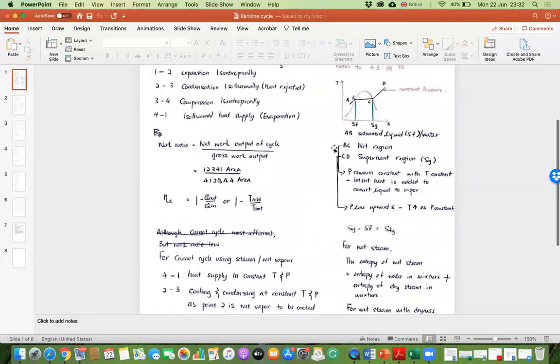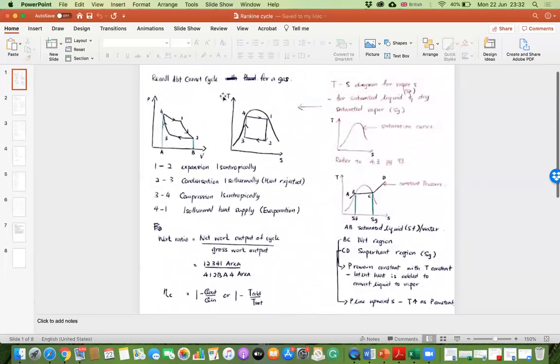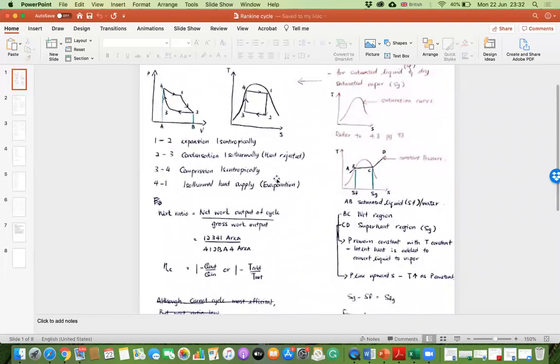So we're back to this Carnot cycle. If we want to look for the work ratio, it is the area of the cycle over the gross work output. In this case, it is 1234 over 12BA4.